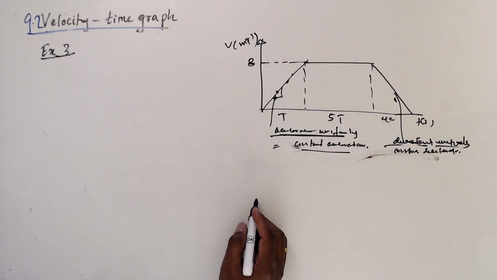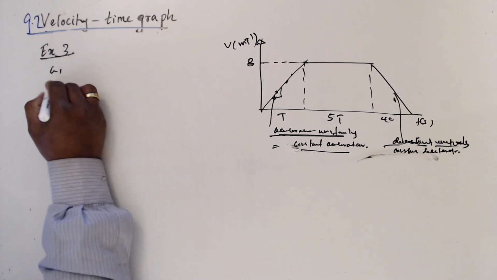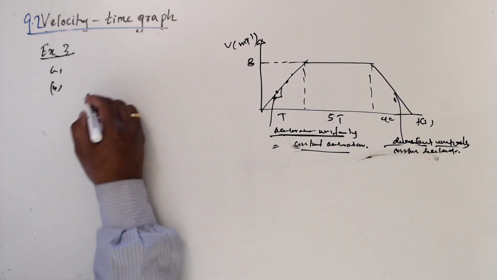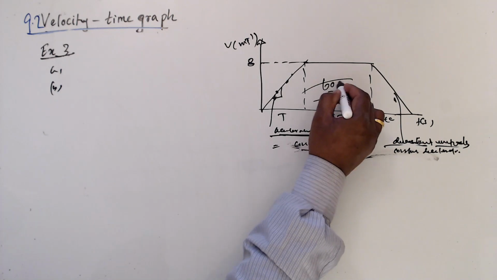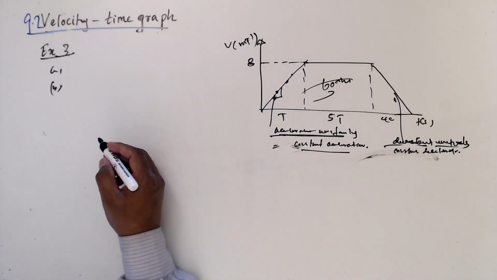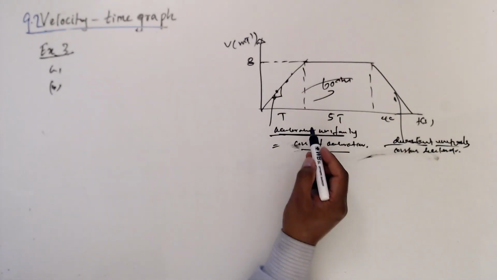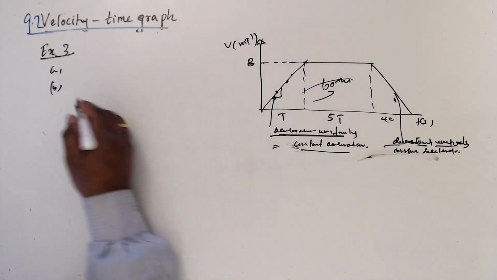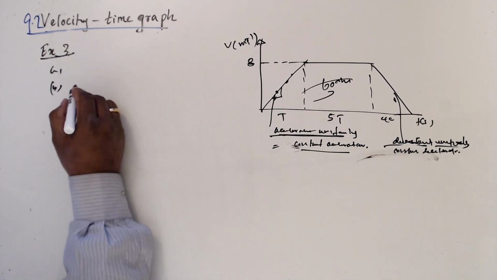In this question, part A is to sketch, and for part B the area is given as 600 meters. We need to find the value of T. We can do that with the trapezium formula.